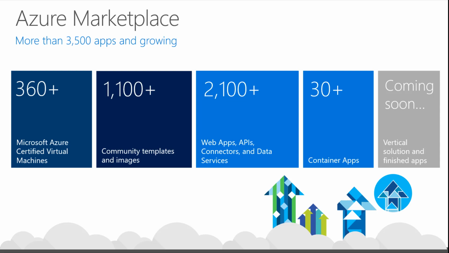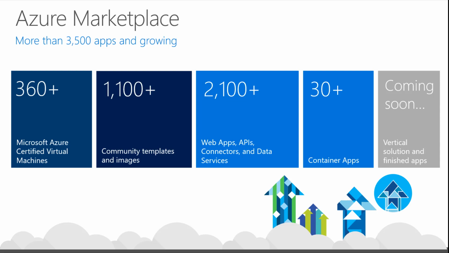What we want you to do is discover the world's leading software customized and built for Azure, and ideally what's also capable for Azure Stack. As we mentioned, the larger Azure Marketplace has over 3,500 apps available to customers to try and buy in Azure.